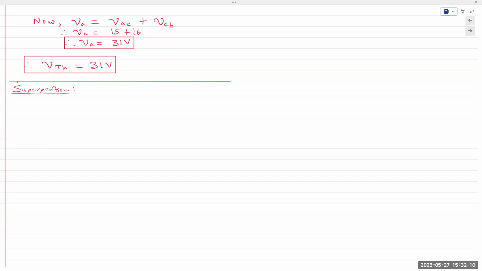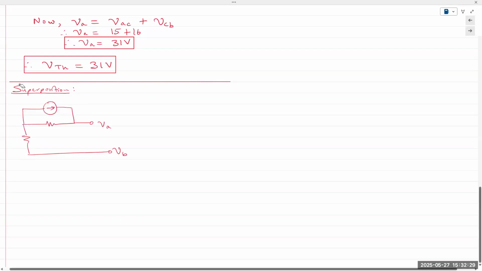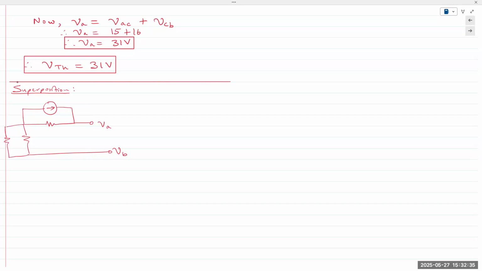Let's say only the current source was acting at a time first. So you have the current source, and you have VA, and this is VB. You have a resistor here, and you have another resistor here. The voltage source is replaced with a short.